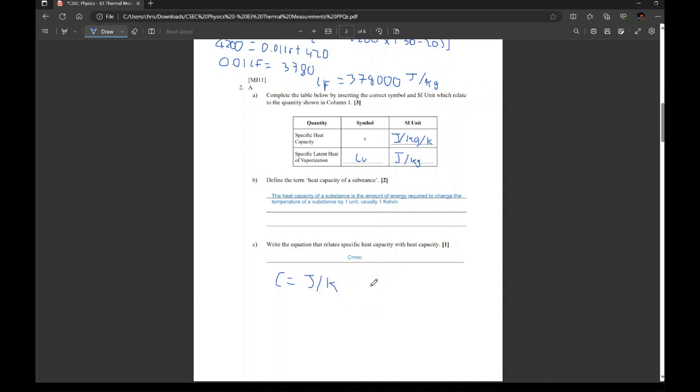And the SI unit for little c, which is specific heat capacity, is joules per kilogram per Kelvin. So you can see that if I multiply this by 1 kilogram, which is basically a unit mass, then the kilograms are going to cancel and I'll actually be just left with joule per Kelvin, which is why big C is equal to M times little c.